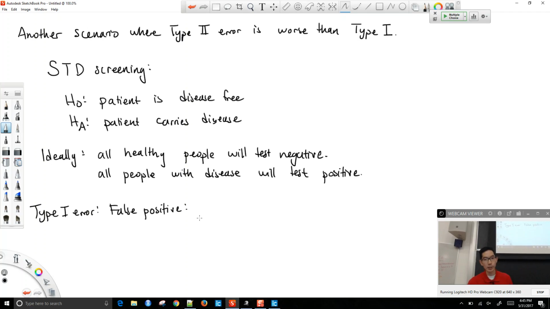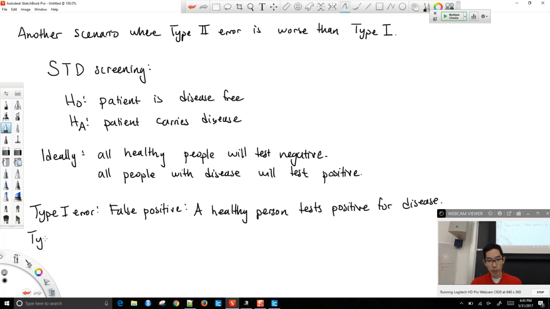This means a healthy person is flagged positive, a healthy person tests positive for the disease. Okay, and the type 2 error is the false negative. This would be a person with the disease tests negative for the disease.